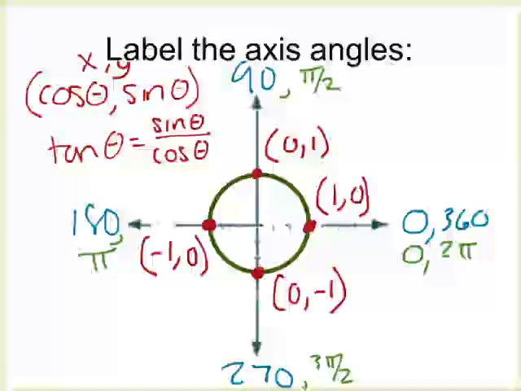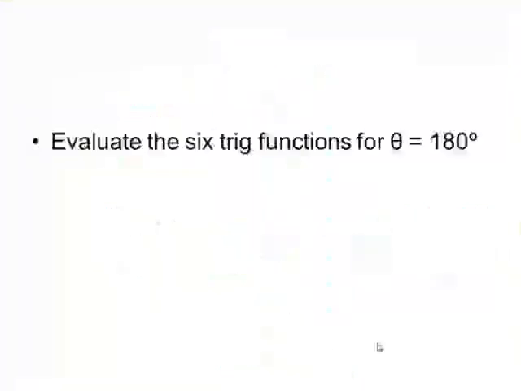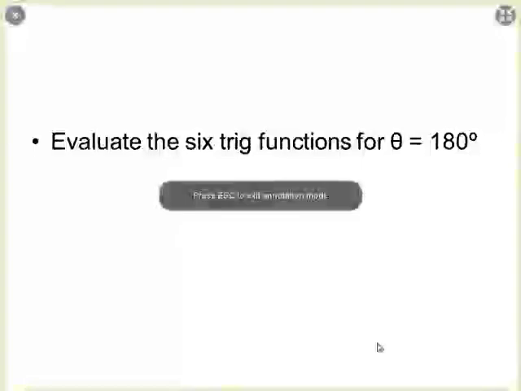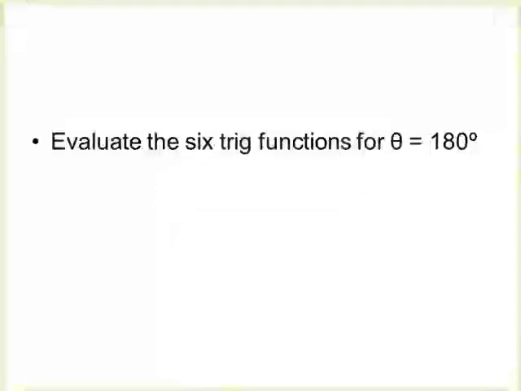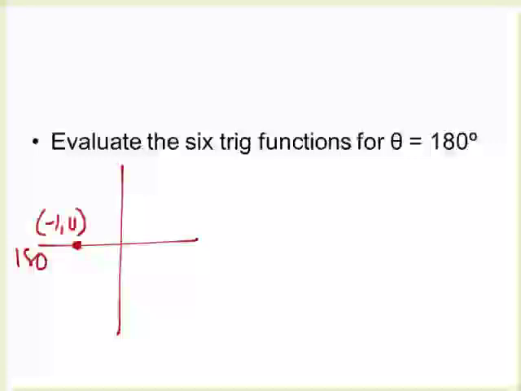Yep. So our next question, to use this diagram to find the 6 trig values for 180 degrees. What we're going to do is think about 180 degrees being out to the left of that circle, and that point that was on the 180 degree line was negative 1, 0.